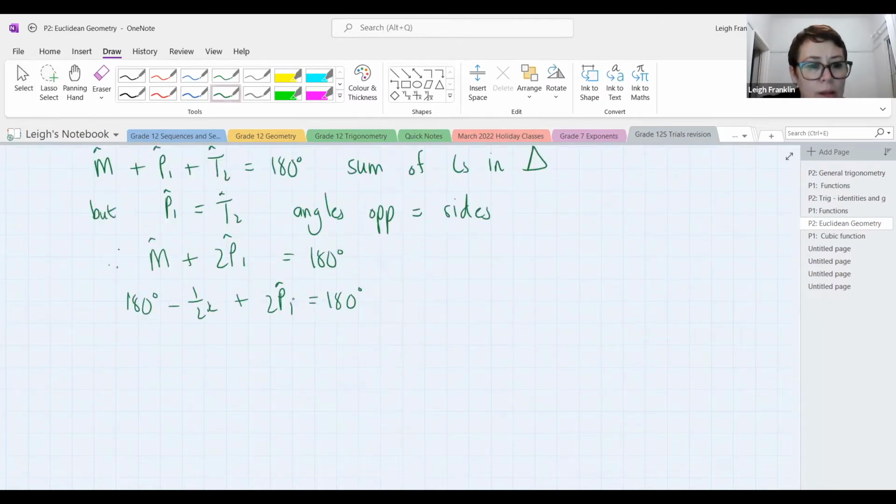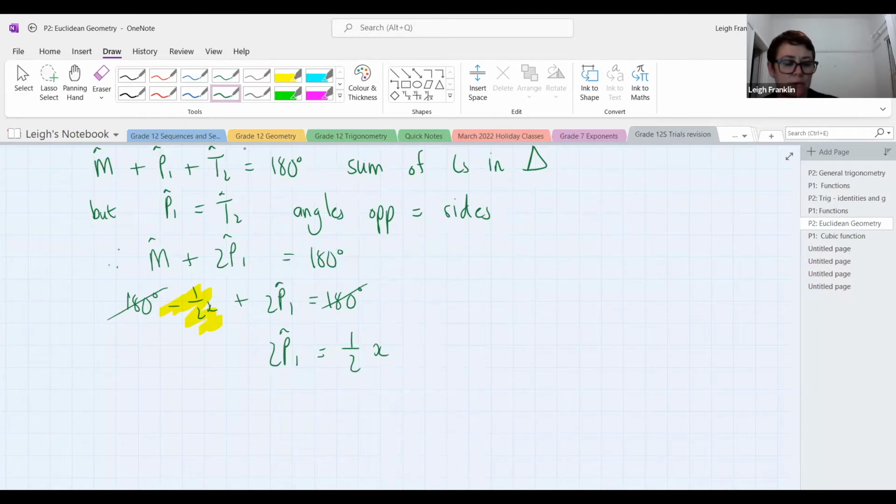So now, because the 180 and the 180 cancel out, we're going to take this minus 1/2 x over to the other side, so that's going to be equal to half x. Now I have to divide by 2 and divide by 2, and that means that P1 is equal to 1/4 of x. Everybody happy? We're nearly there.